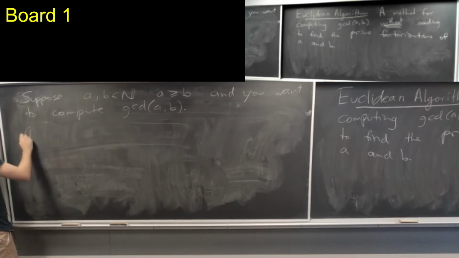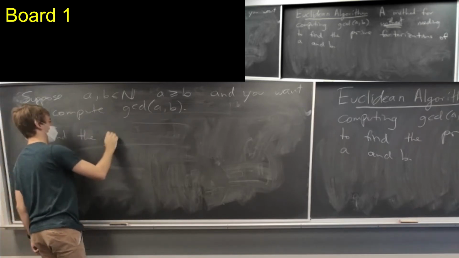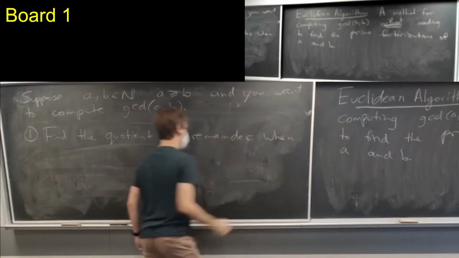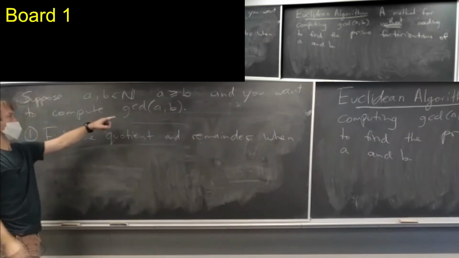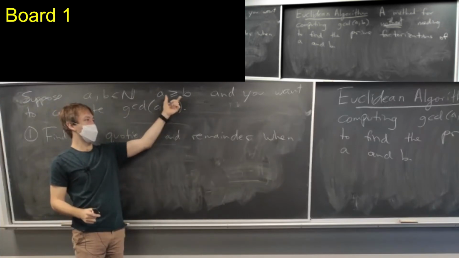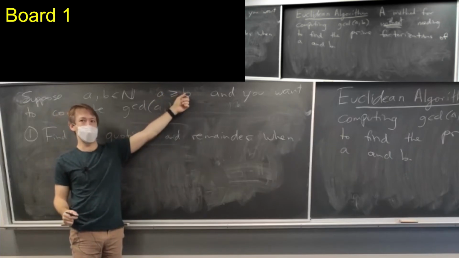So step one is to find the quotient and remainder when the bigger number is divided by the smaller number. It matters which one of these is bigger, so we always want to take the bigger number and divide it by the smaller number.